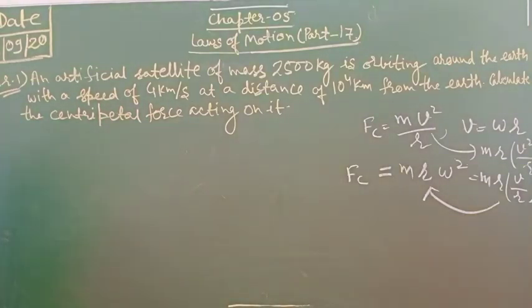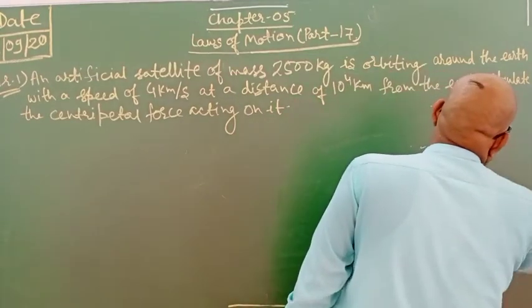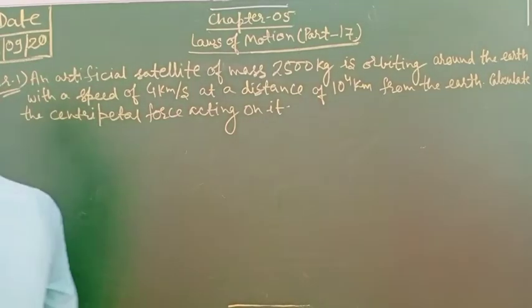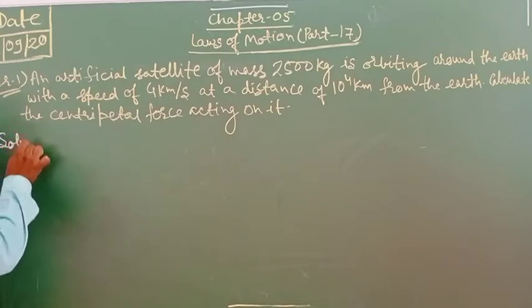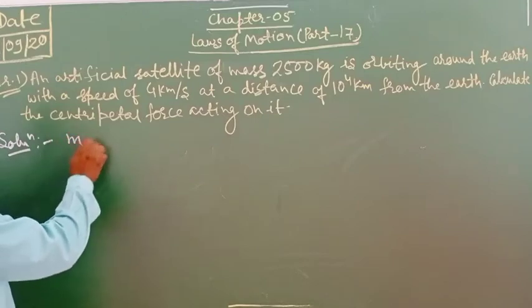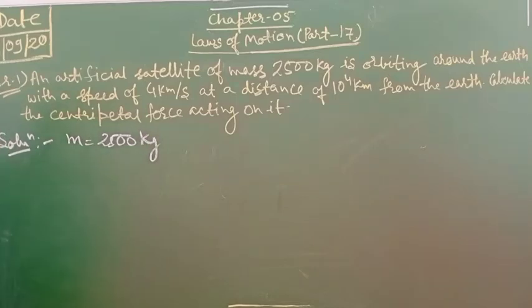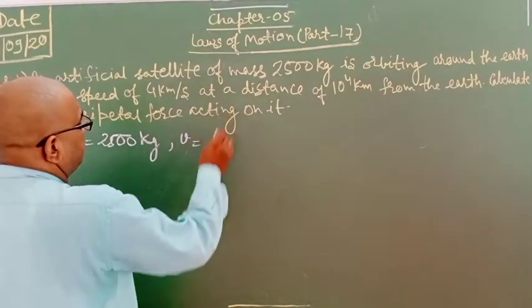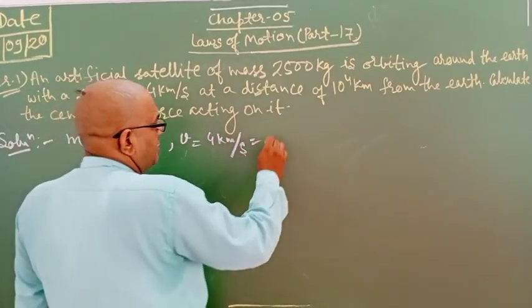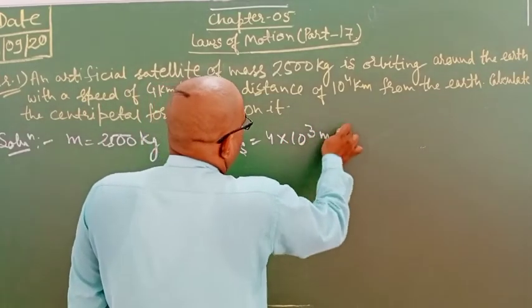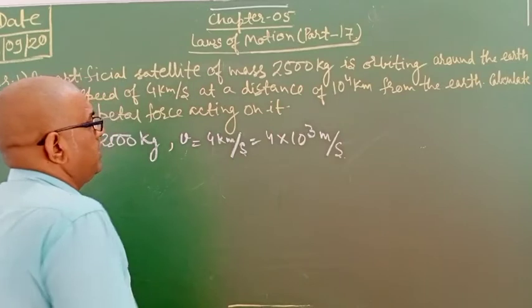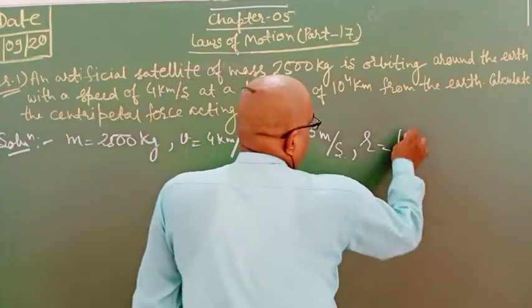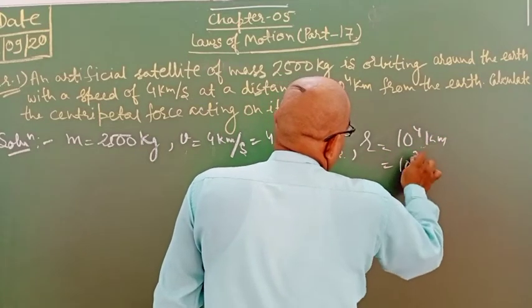Now dear students, look at the numerical in front of you. It is given that an artificial satellite of mass 2500 kg is orbiting around the earth with a speed v equal to 4 km per second, that is 4 into 10 to the power 3 meter per second, at a distance r equal to 10 to the power 4 kilometer, that is 10 to the power 7 meter.